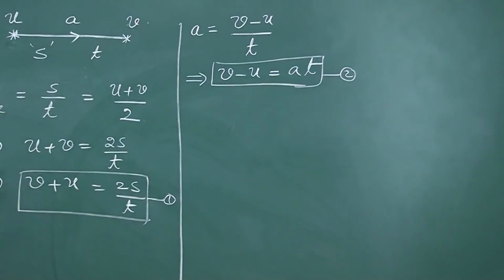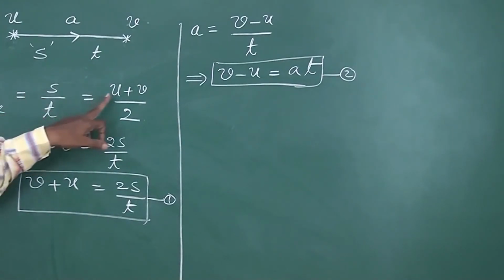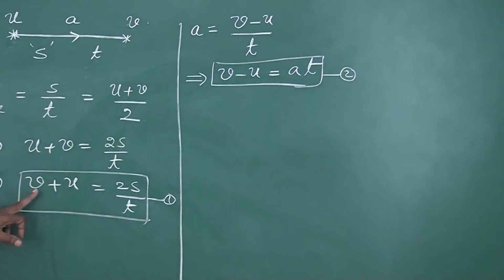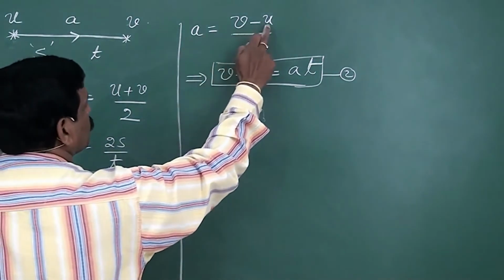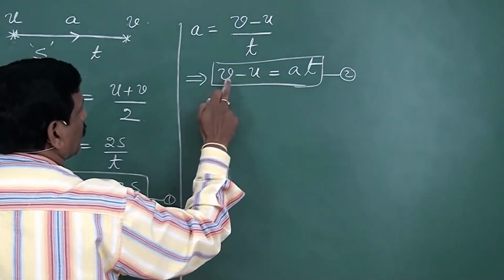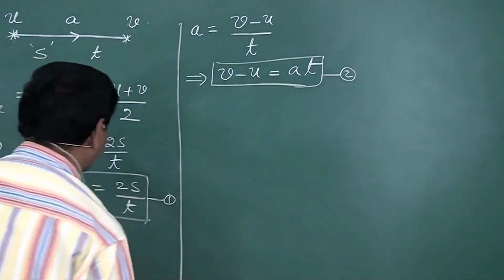So, first of all, from the definition of average velocity, we have written s by t is equal to (u plus v) by 2. From this you have written v plus u is equal to 2s by t. Again, from the definition of acceleration, a is equal to (v minus u) by t. From this, v minus u is equal to at.